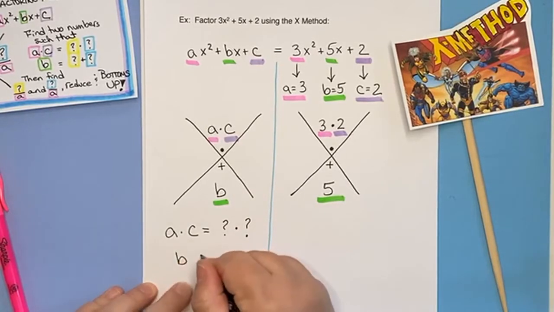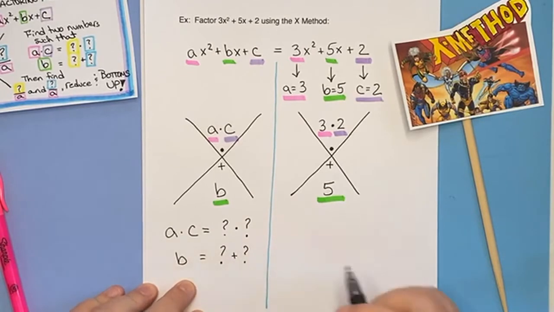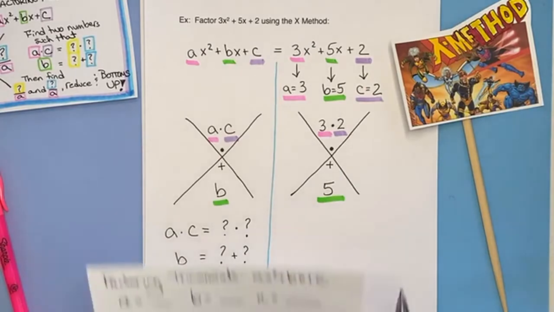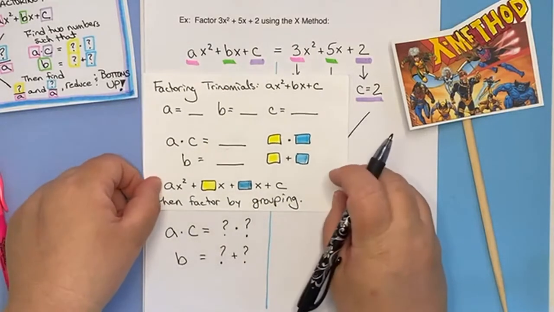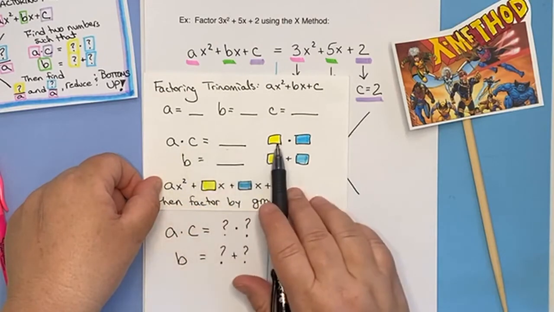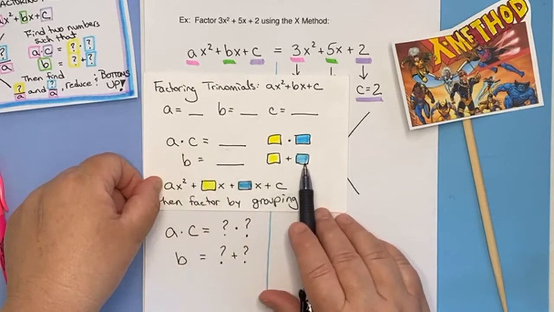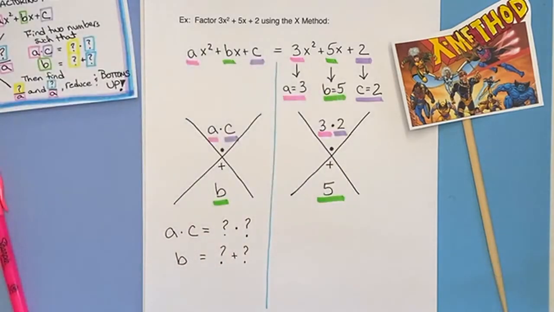And B equals a question mark plus a question mark. And again, I know I mentioned it right at the beginning, but let me remind you that we have exactly the same setup. A times C equals something times something, and B equals something plus something. This is what we've got right here.